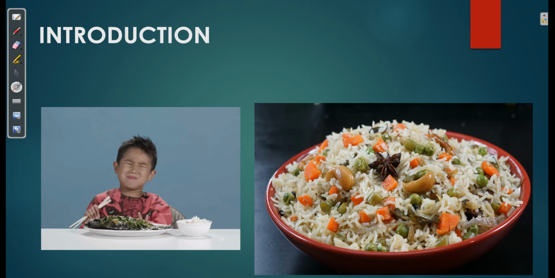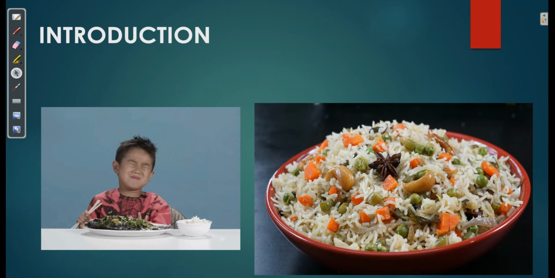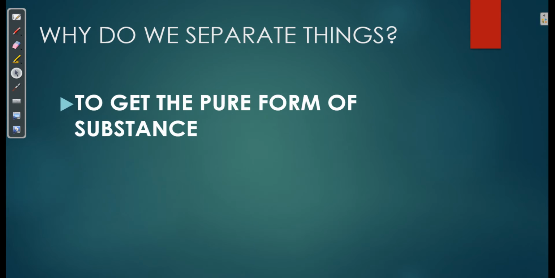Let us find out. Now here you can see why we separate things. The first reason is to get a pure form of substances. If you want to get any substance in a pure form, we separate the impurities from that particular thing so that we get a pure substance.